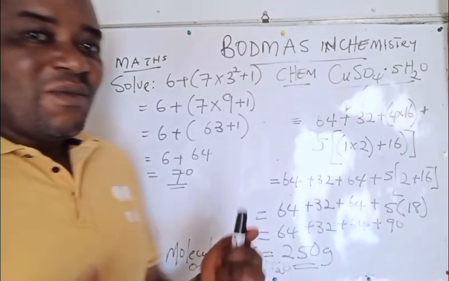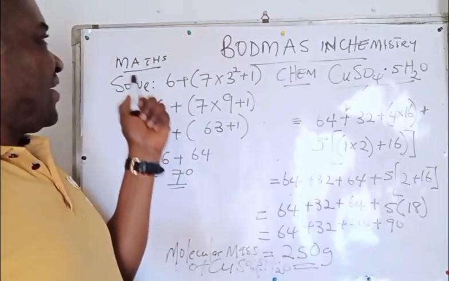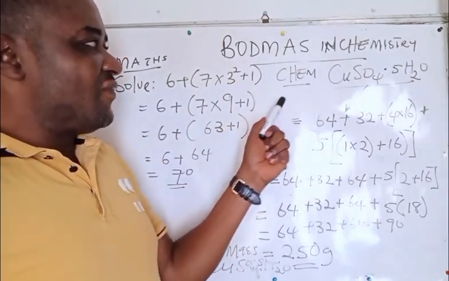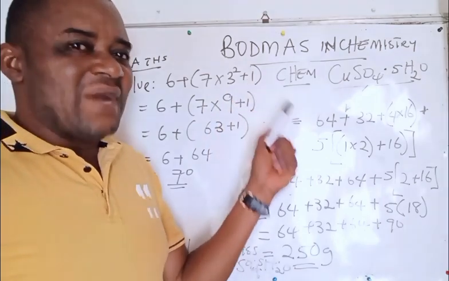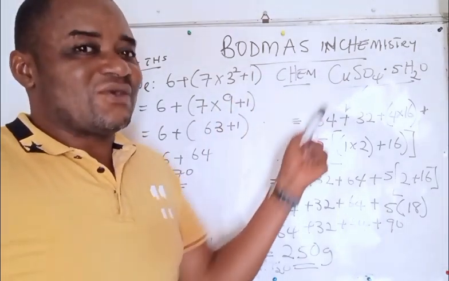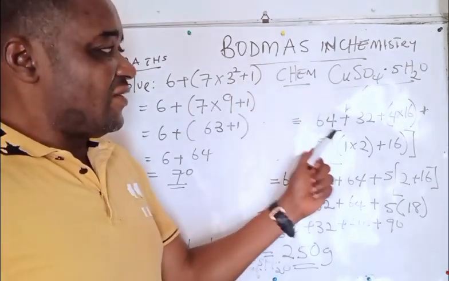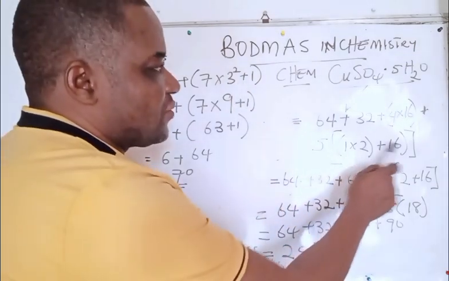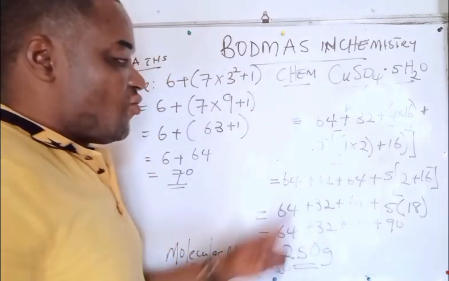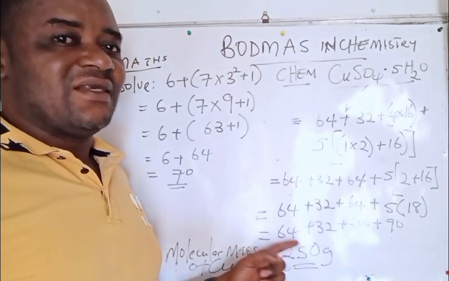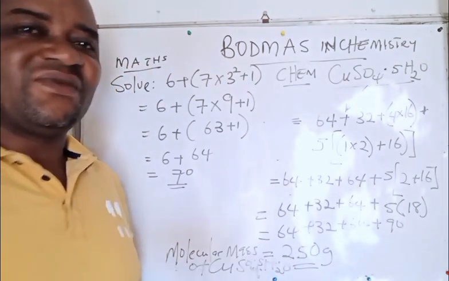You can see how BODMAS is used to solve a mathematical problem, and the same BODMAS is used to solve for the molecular mass of hydrated copper sulfate. Now, if you do not follow BODMAS in solving this, and you jump in and out solving things as you want to, you will never arrive at 250 grams as the molecular mass of hydrated copper sulfate.